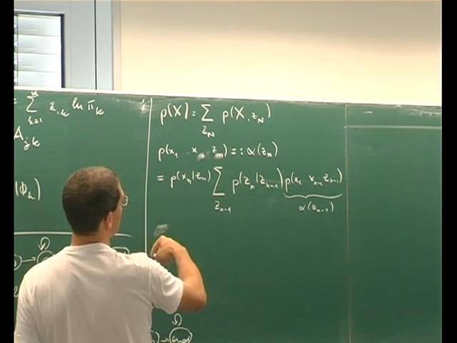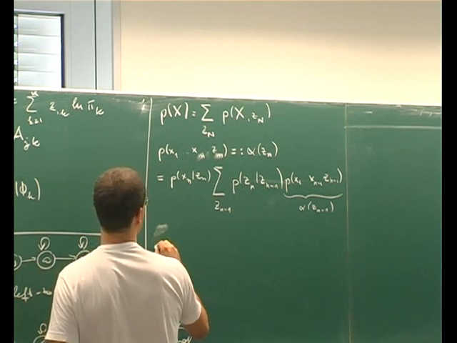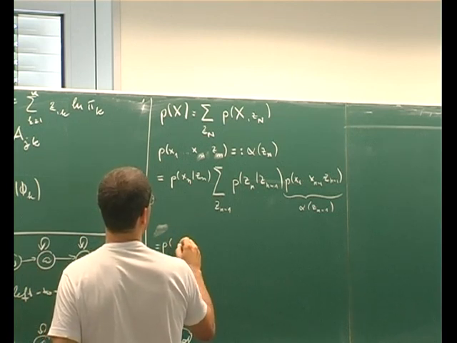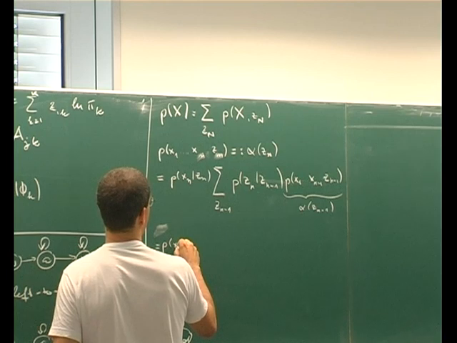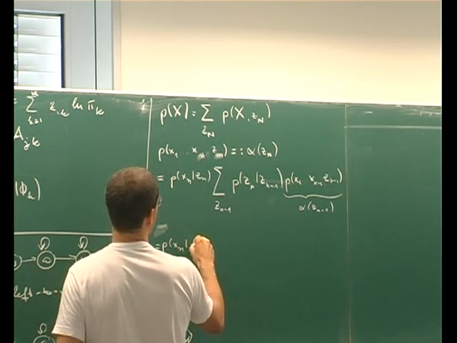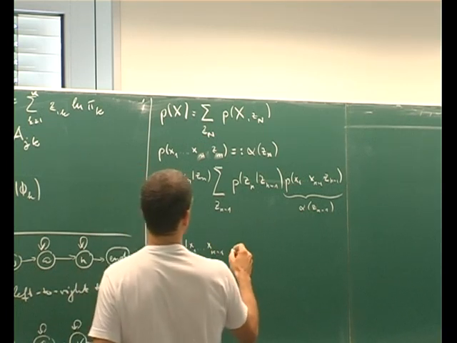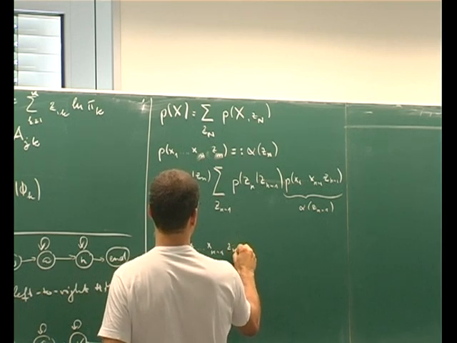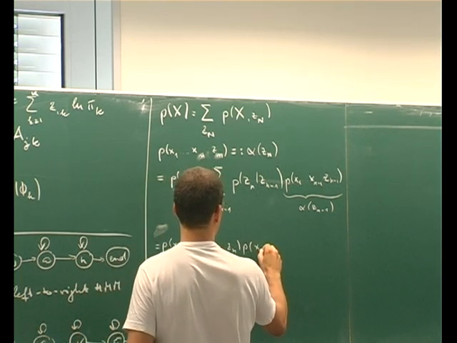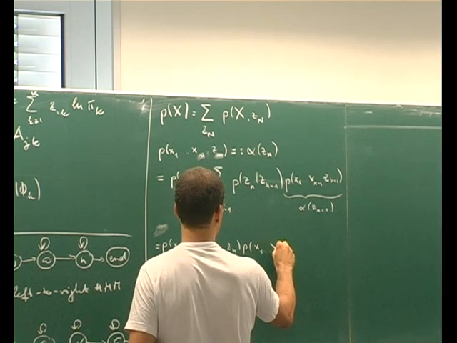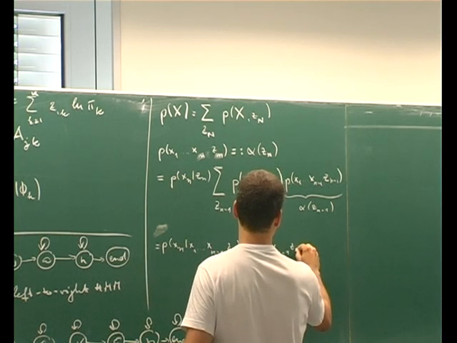So how did we get this formula? Perhaps I should do this in more detail. I can rewrite the expression as the probability of xn given x1 up to xn minus 1 and Zn, times the probability of x1 up to xn minus 1 and Zn.